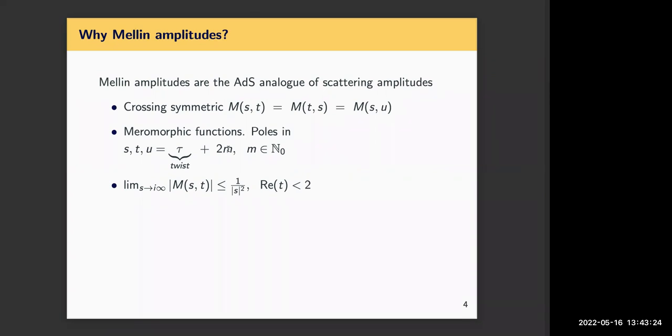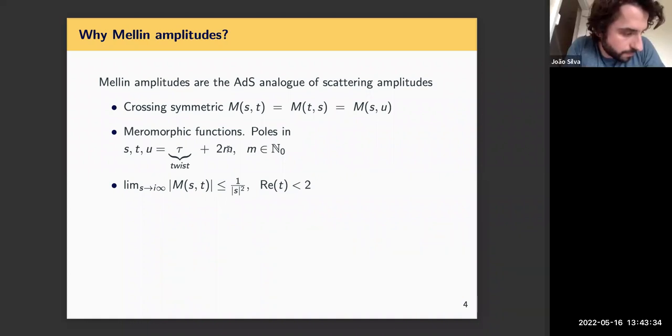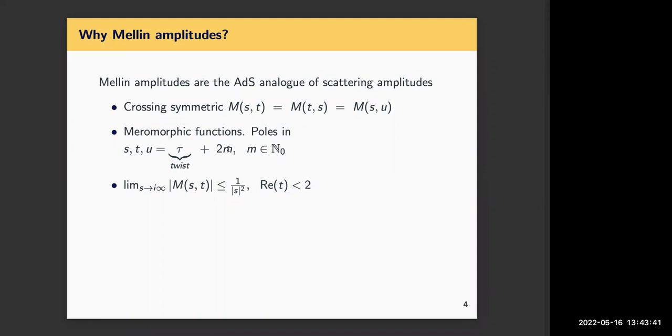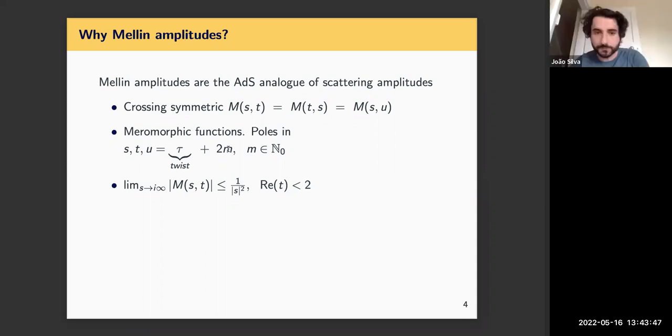Delta L naught equals 1 is raising the energy by 1 in units of 1 over R AdS. True. Okay, what do you think? Probably. All right. I don't want to hold you up, but I think I understand better what you're doing. Thank you. All right, thanks. It's a good point.